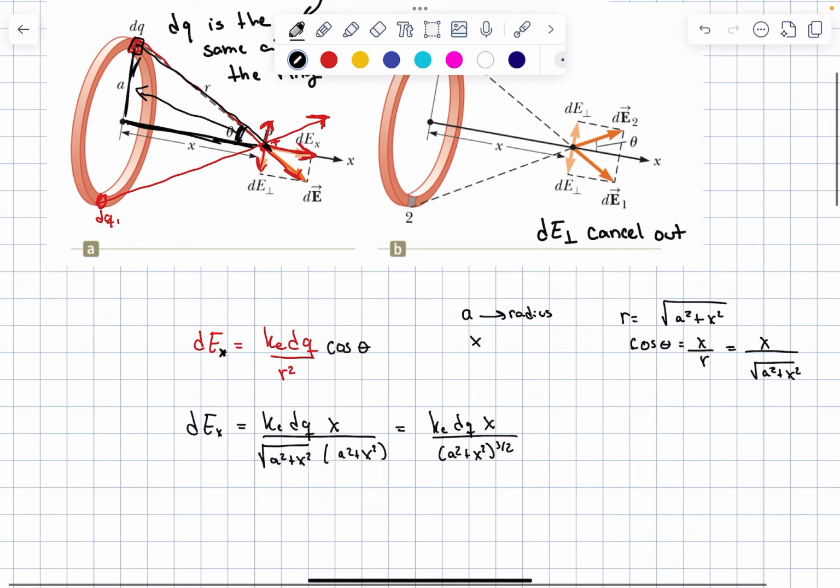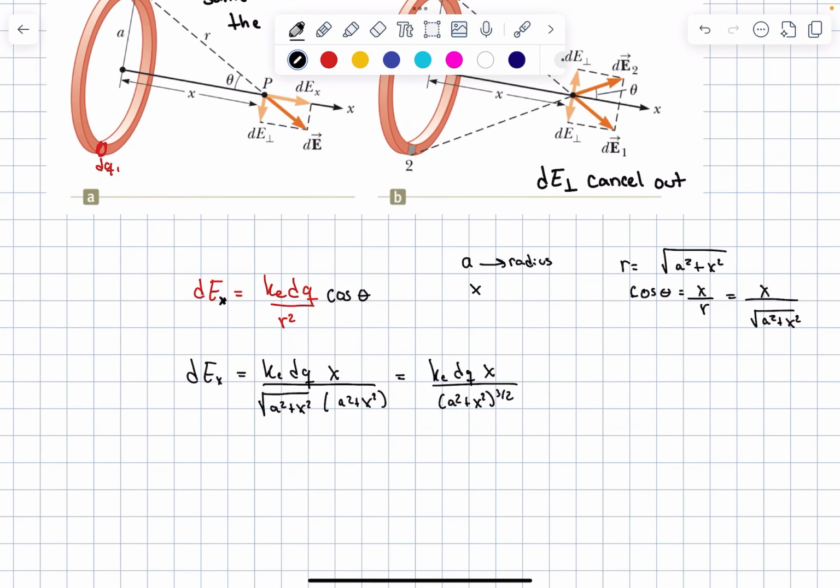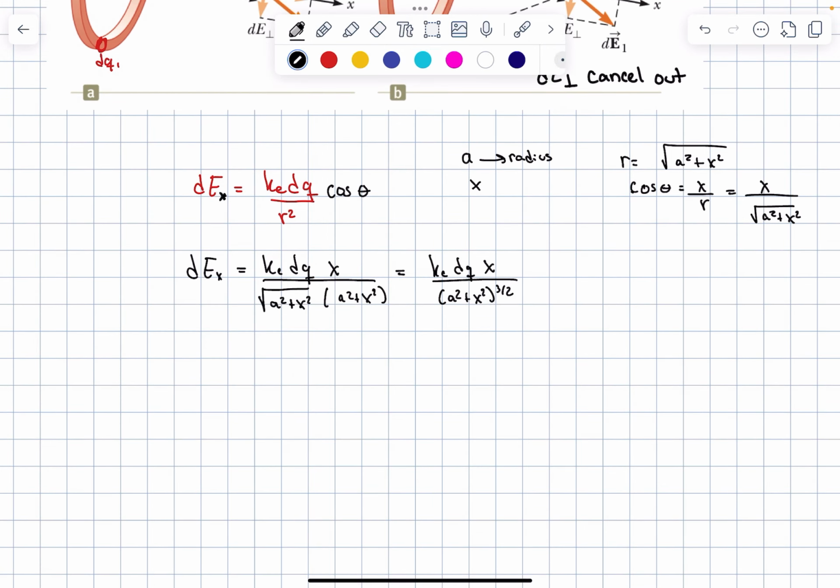And the thing that I find people get confused on the most in this problem is that we're just expected to solve the integral from here. You're told, okay, take the integral here and figure out what Ex is. And that's really confusing because we talk a lot about lambda and sigma and rho, where lambda is the linear charge density, sigma is the area charge density, and rho is the volume charge density.